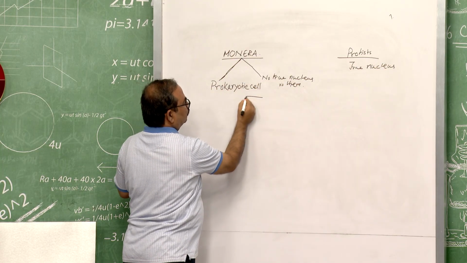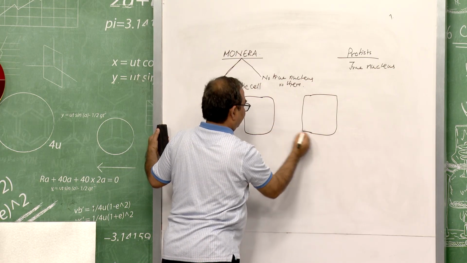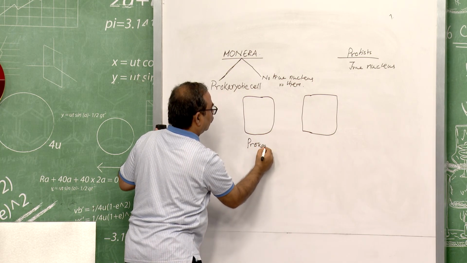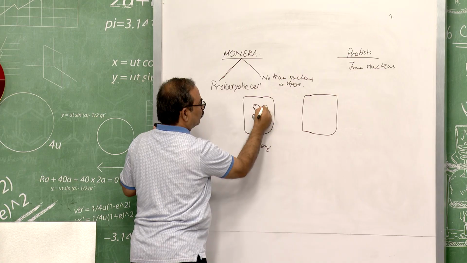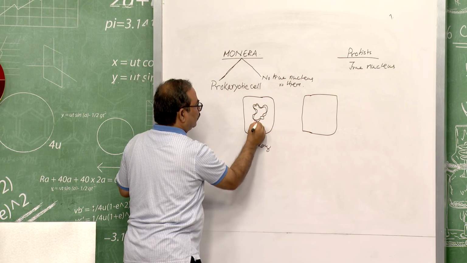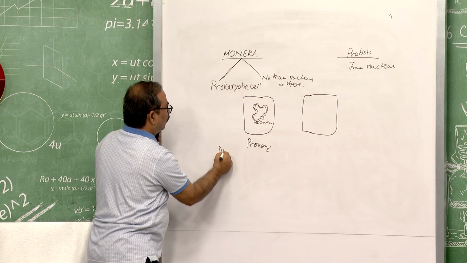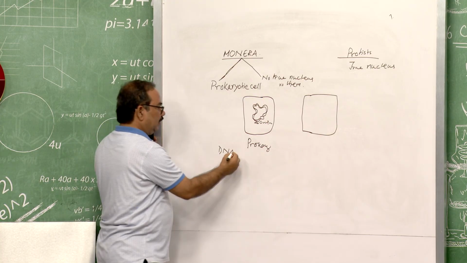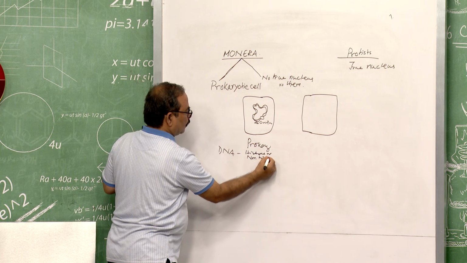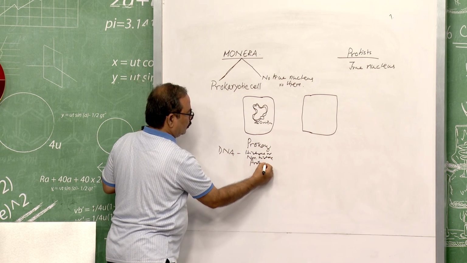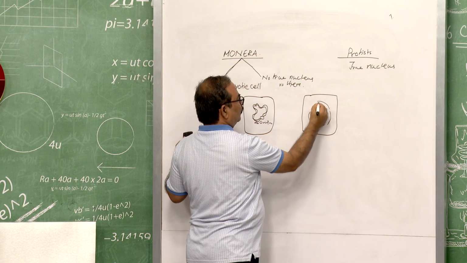If we make a comparison between the prokaryotic cell and eukaryotic cell, we shall see in the prokaryotic cell there is no nuclear membrane or nuclear envelope, there is just a double stranded circular DNA molecule, and this DNA molecule is without any histone or non-histone proteins. But in case of the eukaryotic cell, we have a well developed nucleus.